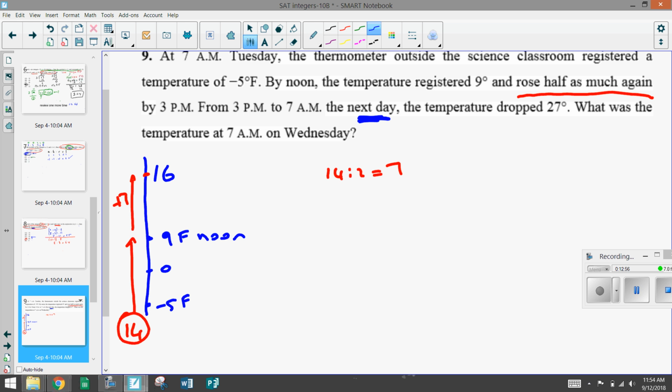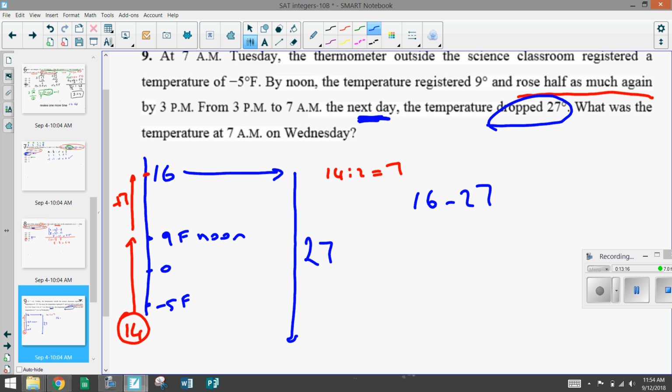Yes, that's right. So now the temperature dropped 27 degrees. We're here now, and then it dropped 27 degrees down. So what is the number here? That's going to pass the 0 level, right? Yeah, it's going to be below 0. So 16 minus 27 is equal to negative 11.